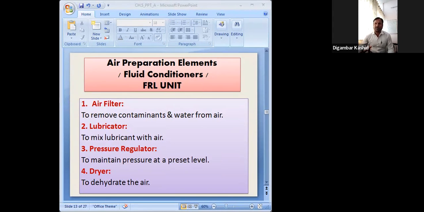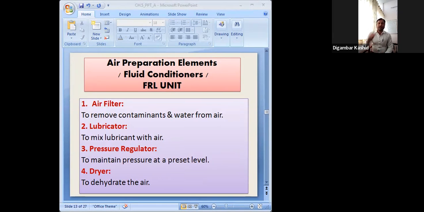Okay. Now let us go to our new point, that is air preparation elements, also called the FRL unit. FRL means an assembly of the three main elements that we are going to discuss here. FRL stands for air filter, pressure regulator, and lubricator.